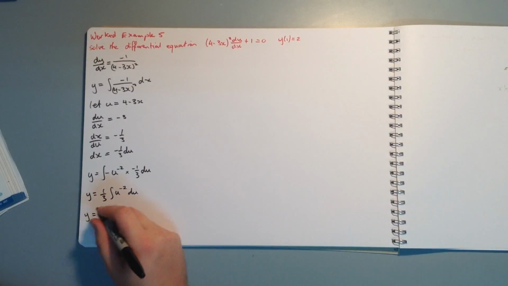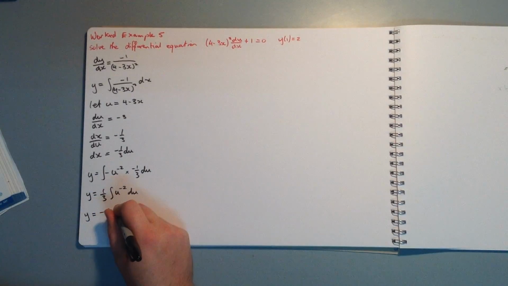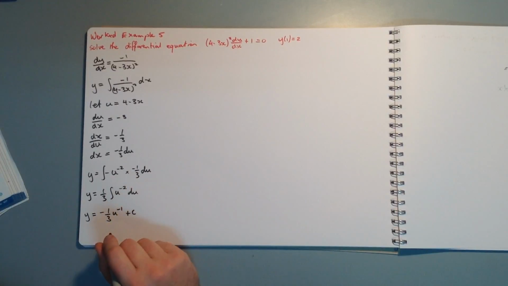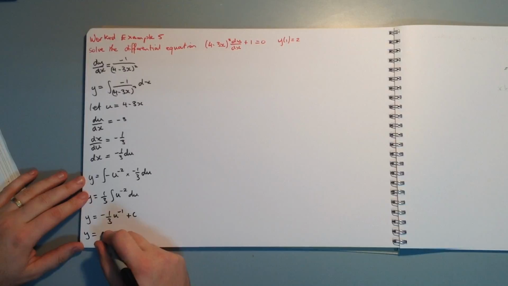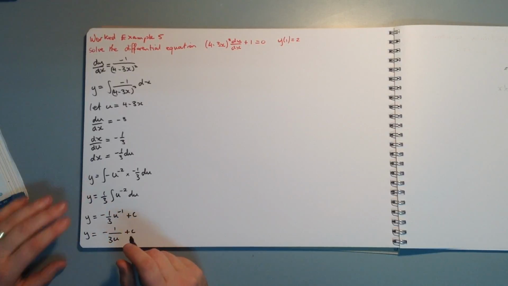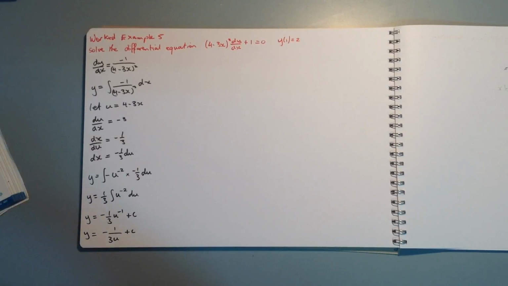So y equals negative a third u to the negative 1 plus c, or we can say y is equal to negative 1 over 3u plus c. Now we need to sub our u back in.